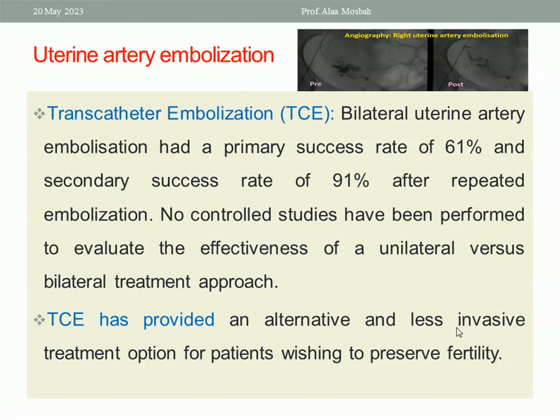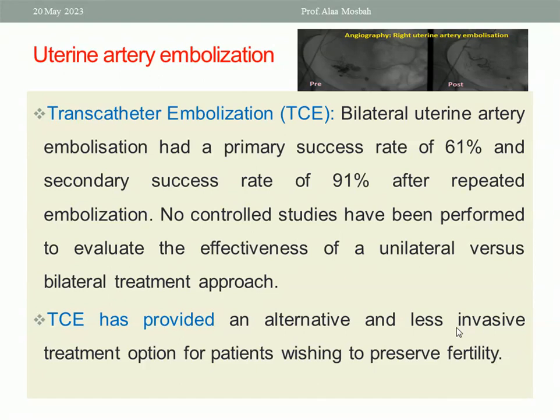Okay, transcatheter embolization has provided an alternative and less invasive treatment option for patients wishing to preserve fertility. So we consider it less invasive than hysterectomy, of course, and also we preserve the uterus and the fertility of the patient.